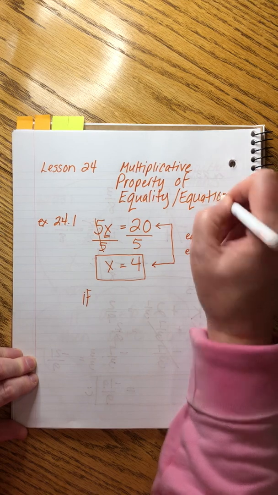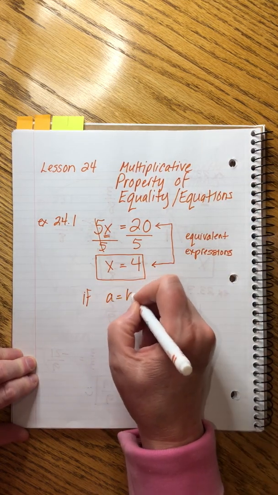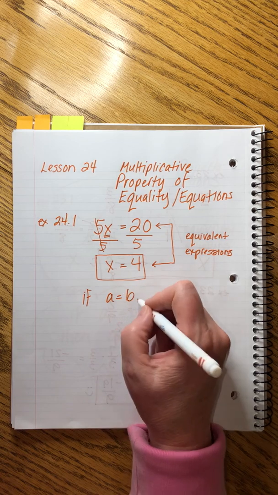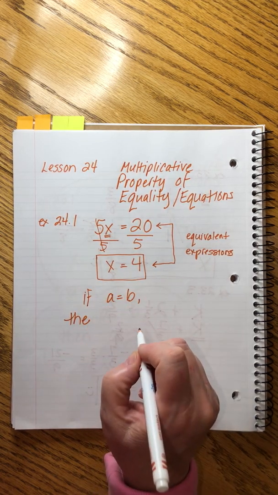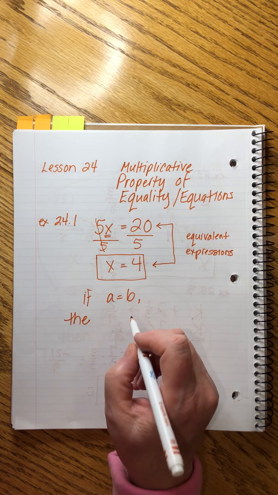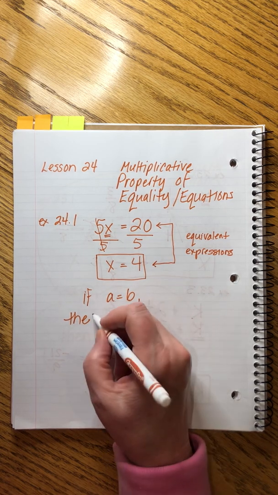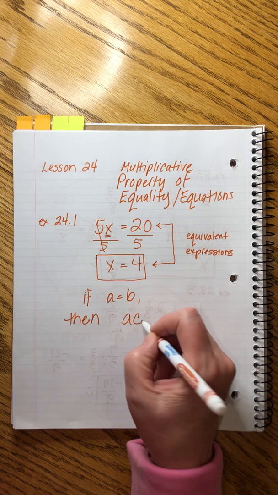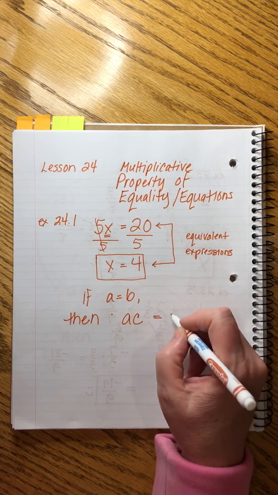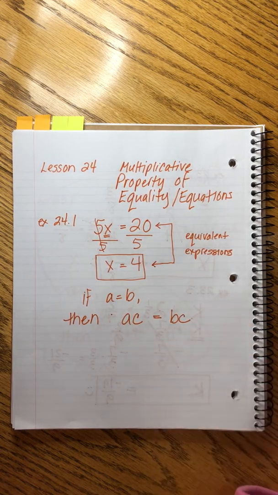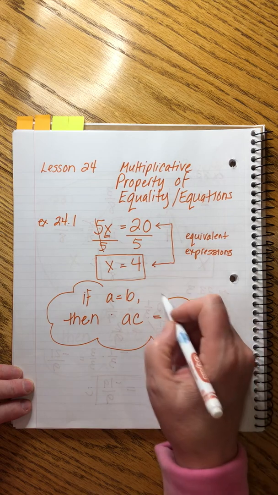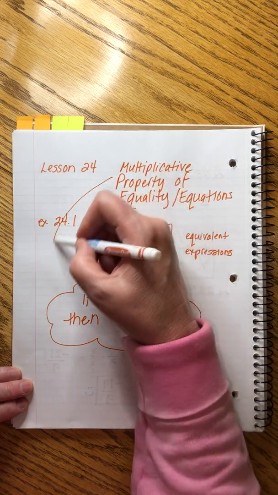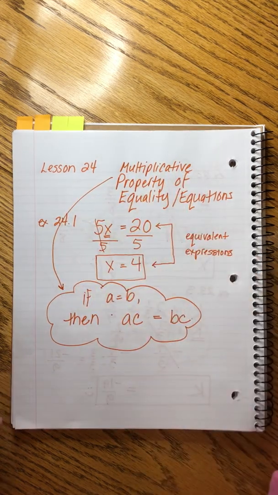Equations. If A equals B, then A times C equals B times C. Make sense? So this is what we actually mean when we talk about that multiplicative property.